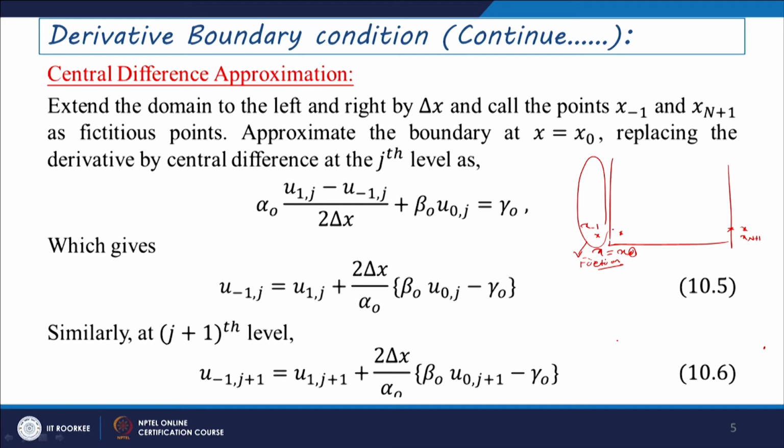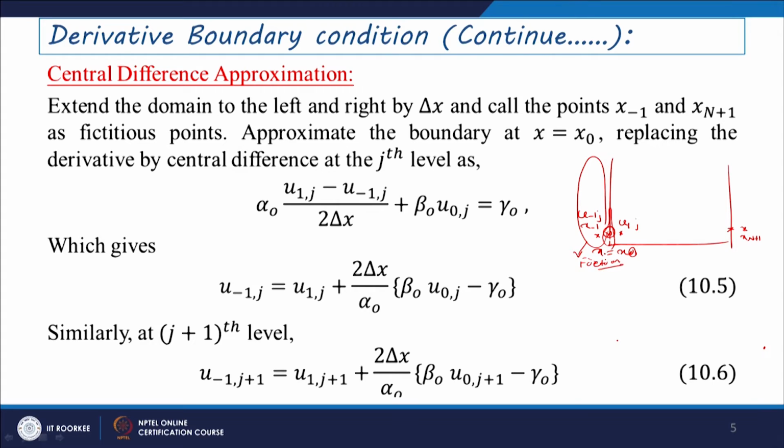And at x equals x0, if you approximate this derivative by the central difference approximation here, we can write this as (u_1^j minus u_(-1)^j) divided by 2 delta x, into alpha_0, plus beta_0 u_0^j, equals gamma_0. Since this is the boundary condition we are considering here for this initial step, u_(-1) is not known to us, and fictitiously we have considered this boundary here.